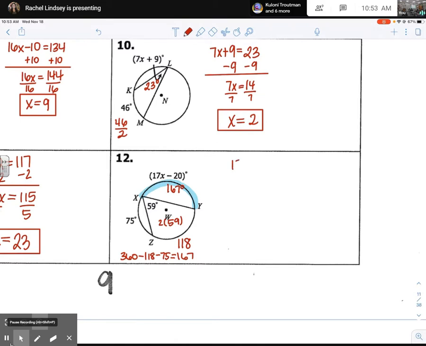So then 17x minus 20 equals 167. 11. I see it was 11.